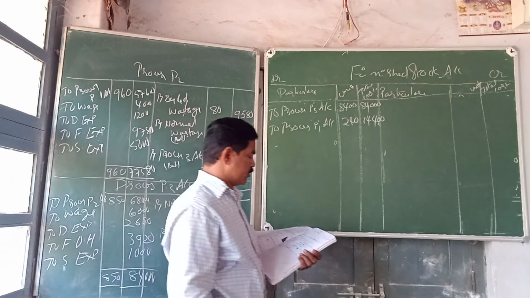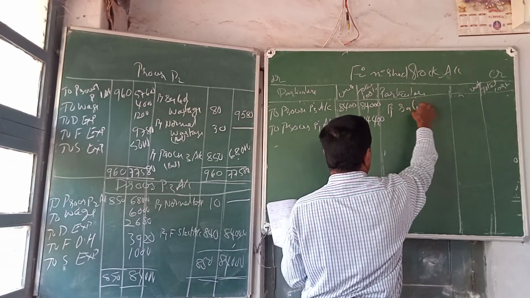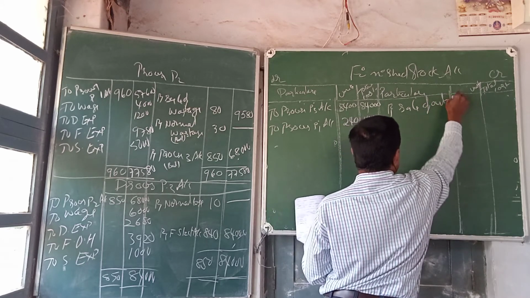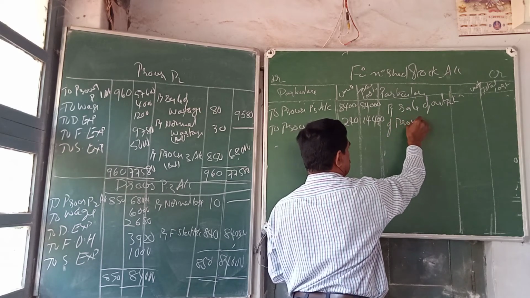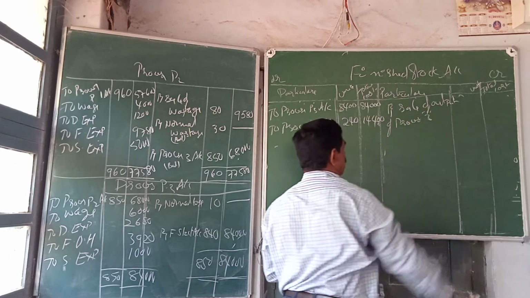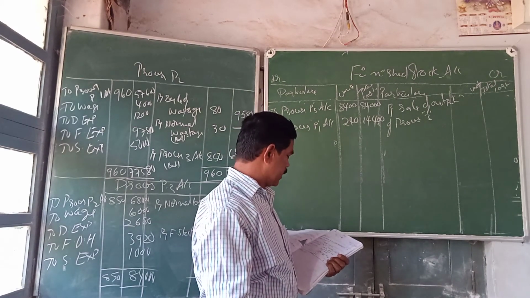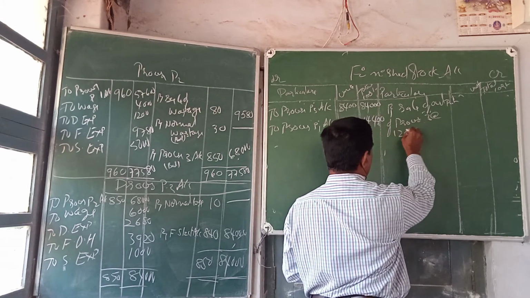So by sale of output of process 3, process 3 output is sold at 120 per unit.